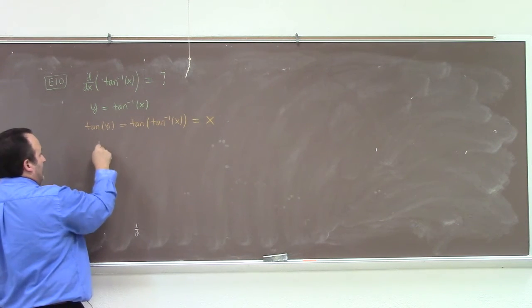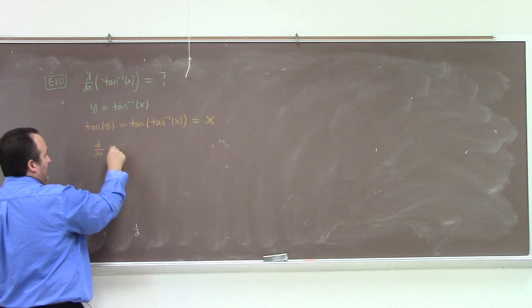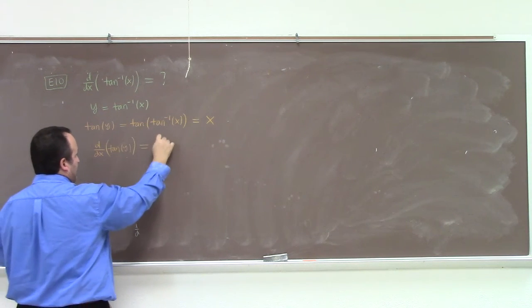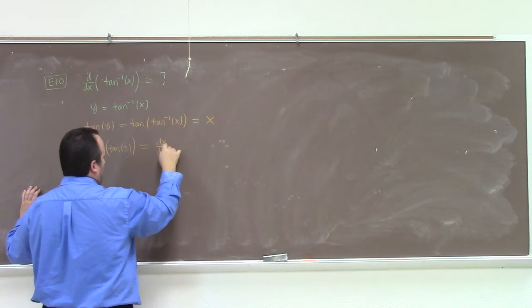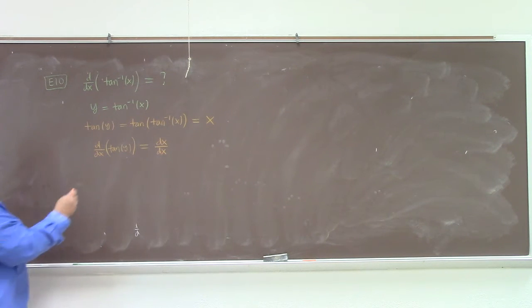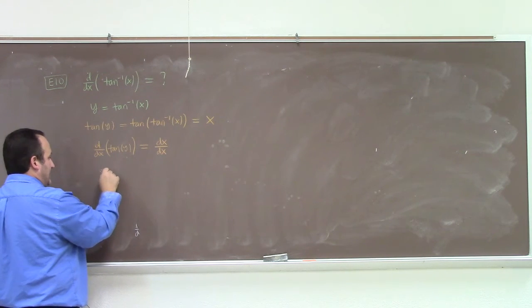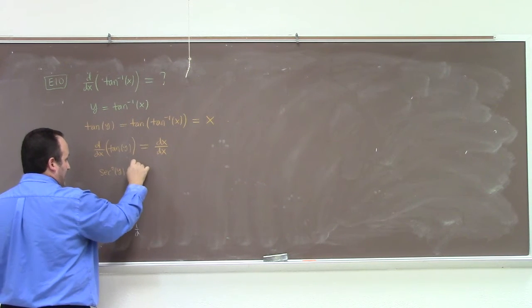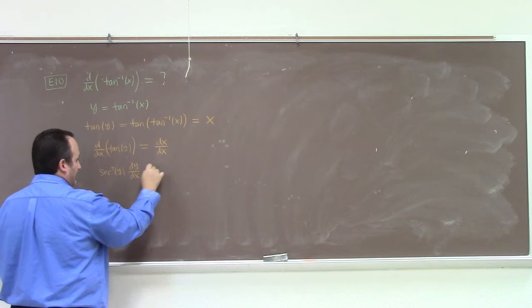And see, we have d/dx of tangent y equals dx/dx, right? Remember what the derivative of tangent was? We worked it out last time. It was secant squared, right? But we're differentiating tangent y with respect to x, so we get secant squared y times what? Times dy/dx equals 1.